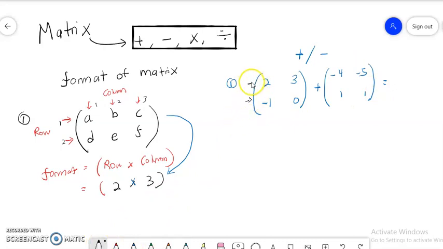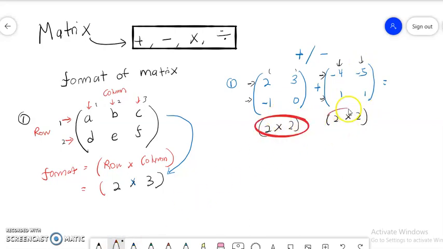We have 2 rows and 2 columns, and the other matrix also has 2 rows and 2 columns. When it is the same, then you can conduct your addition and your subtraction.